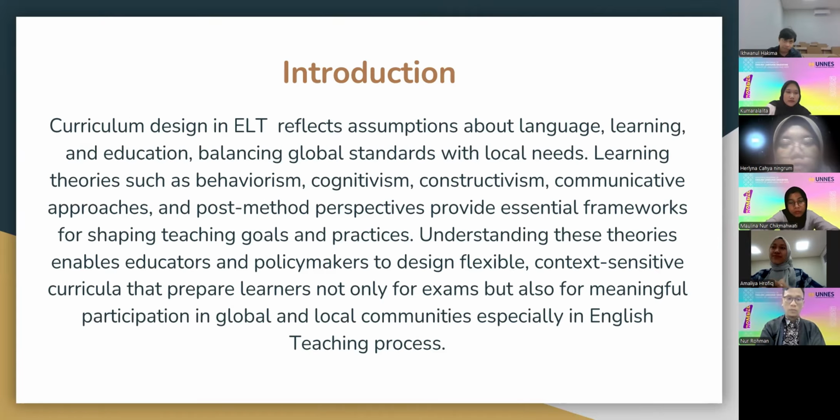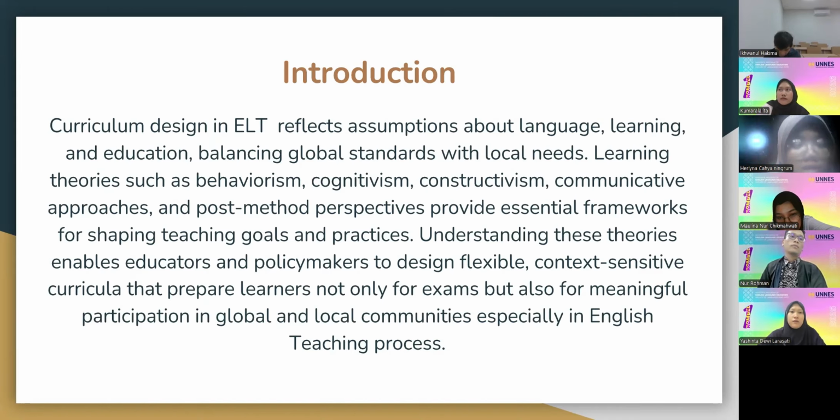Okay, thank you for the opportunity, Miss Amalia. So, curriculum design in ELT reflects assumptions about language, learning, and education, balancing global standards with local needs. Learning theories such as behaviorism, cognitivism, constructivism, the communicative approach, and post-method perspective provide essential frameworks for shaping teaching goals and practice.